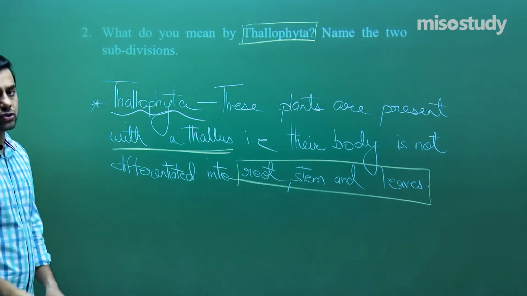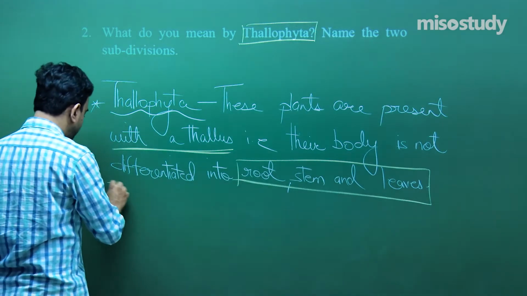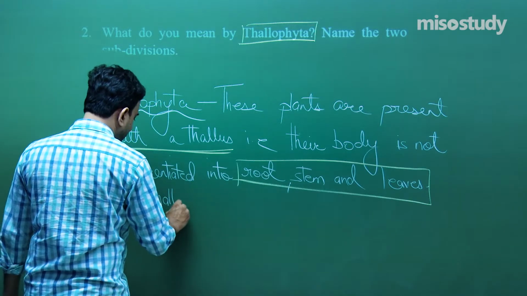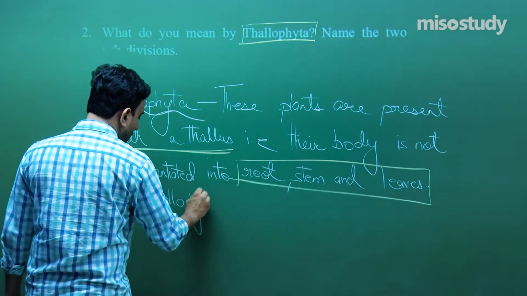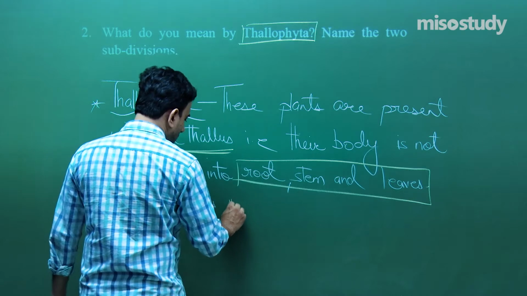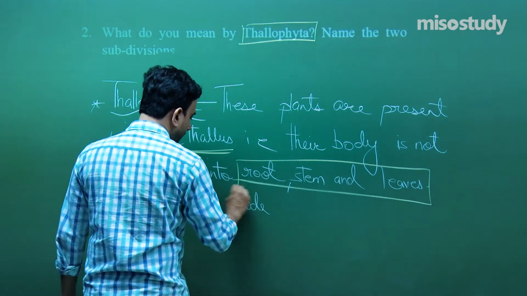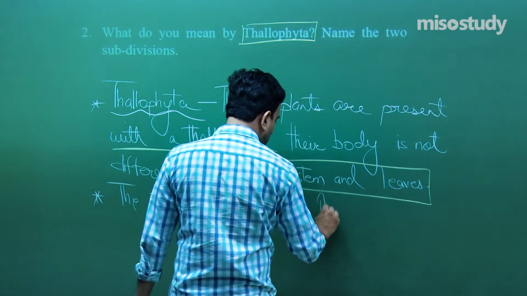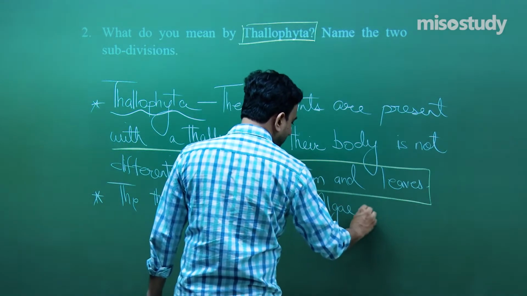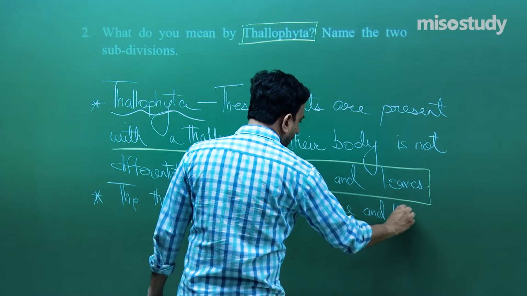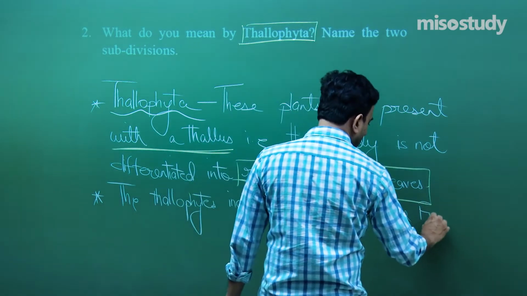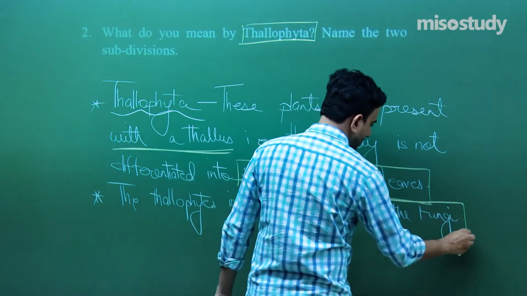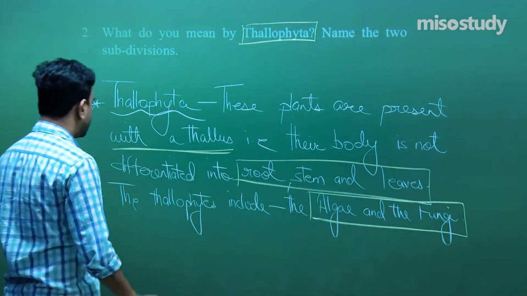Name the 2 subdivisions. The thallophytes include the algae and the fungi.